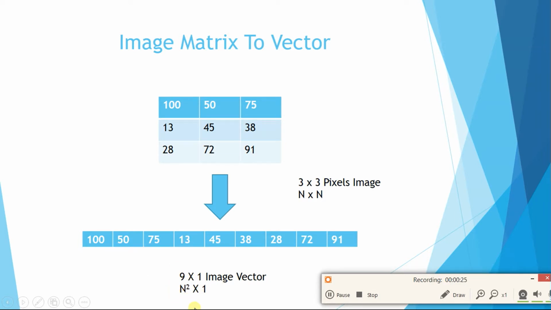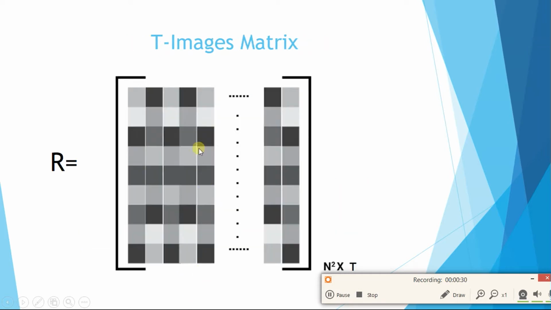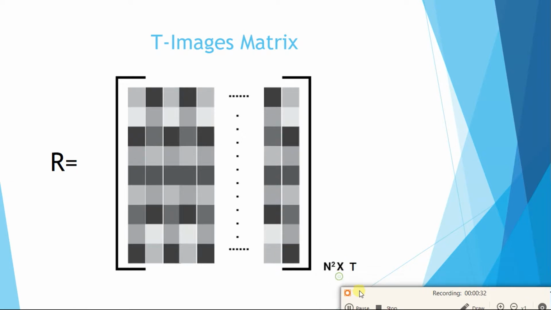So each image has very large dimensions. We create an array from each image and keep adding them: first image, second image, third image, fourth image, and all the images. So it becomes a matrix of n square cross t.